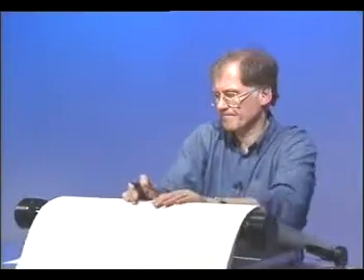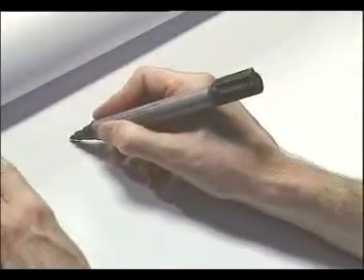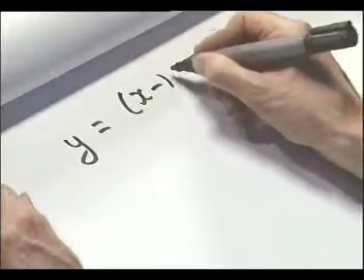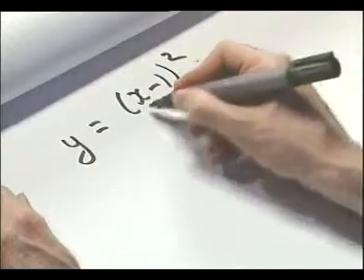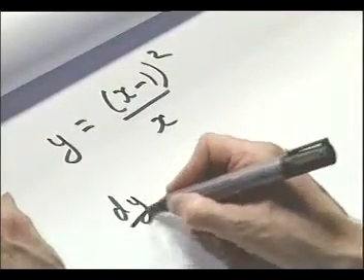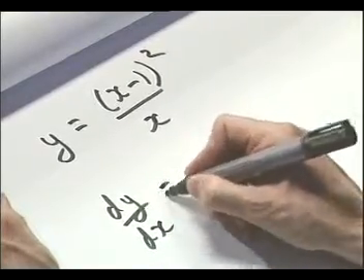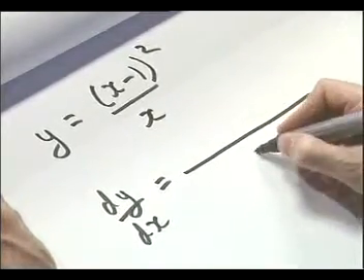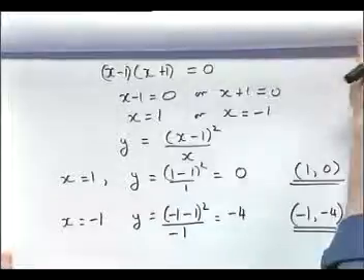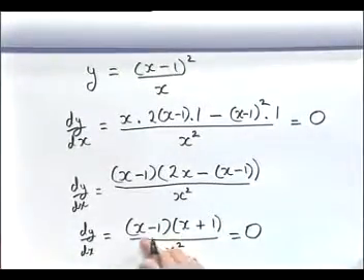So let's write down again y, dy by dx, and our points. So we had y, that was (x minus 1) all squared over x. And we had dy by dx, and dy by dx was over x squared. And let's just go back so we can see what the numerator was.